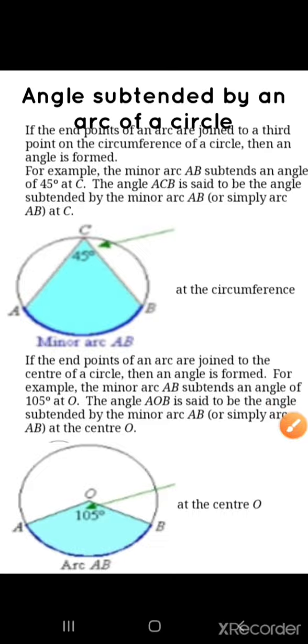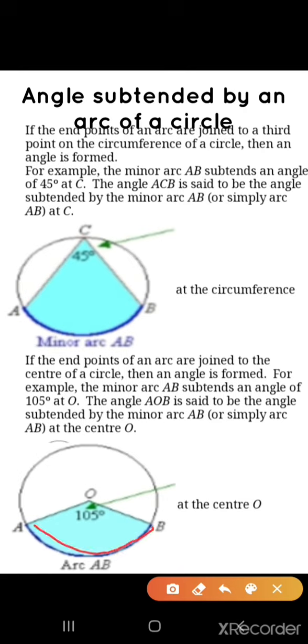Next, second picture. If the endpoints of an arc are joined to the center of a circle, AB is an arc, and the endpoints of the arc are A and B. If A and B are joined to the center, one angle is formed.